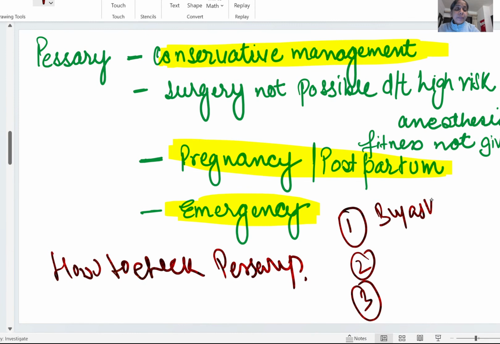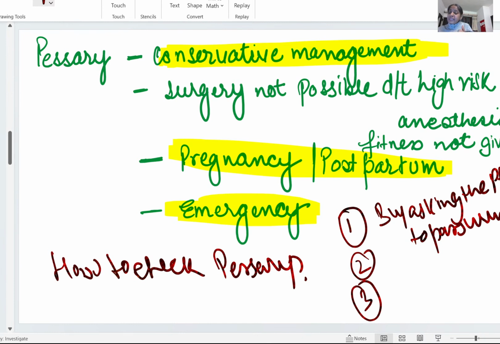By asking the patient to pass urine. We cannot measure the vagina size or width, so we have to place the pessary by estimation.